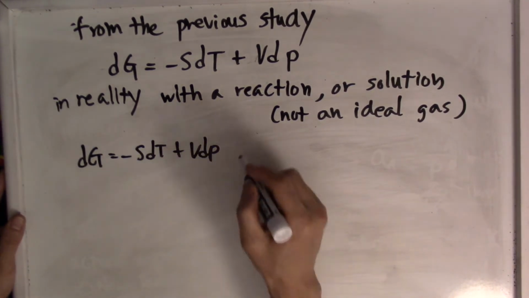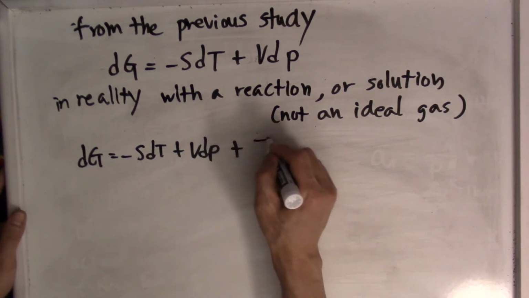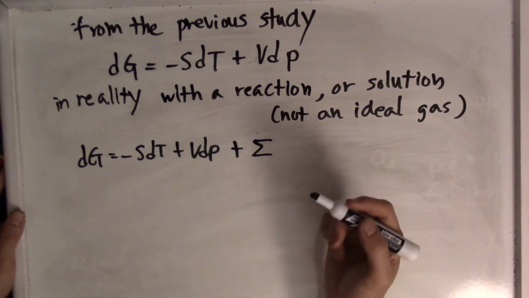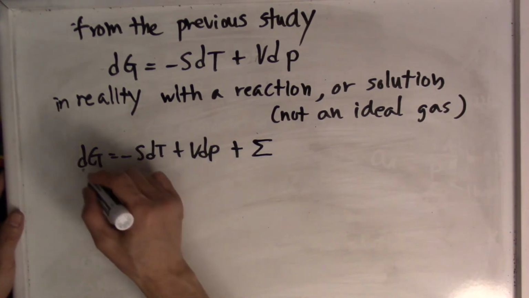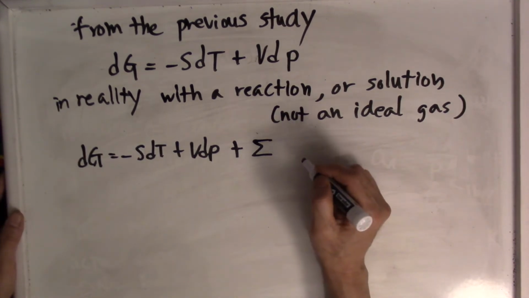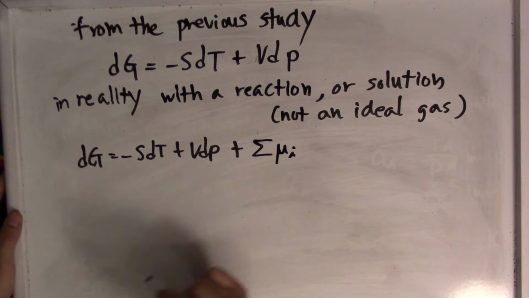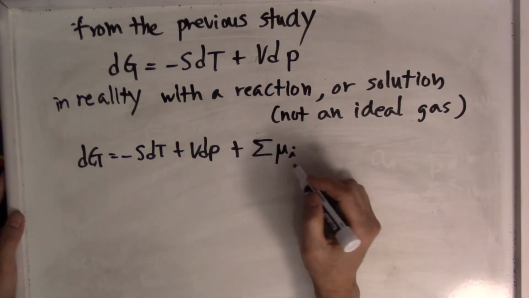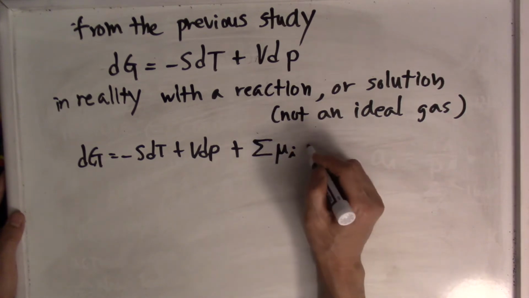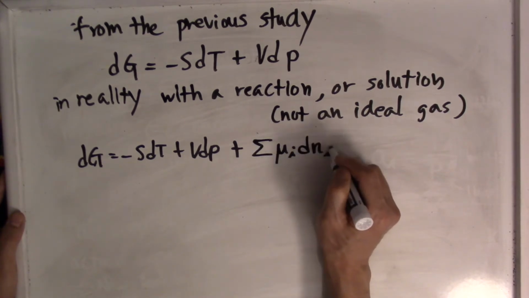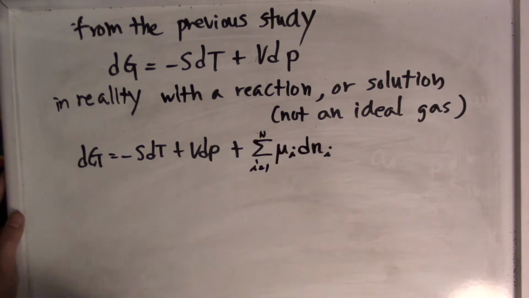That part is fine, but these are the gas component, and you also have a chemical potential, which is again partial delta G. So dG, you have the sum of all the chemical potentials associated with the species i, because you have many species, and then the change in number of species, and of course i goes from 1 through whatever the number.